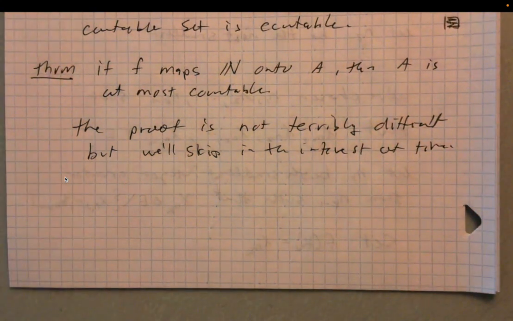But just keep this in mind, and I think this is somewhat intuitive. If you can find a mapping from the natural numbers onto your set, then your set can't be an uncountably infinite set. There's no way to take the natural numbers and map them onto an uncountably infinite set. It goes against the whole idea of a countable set, right? So your set is at most countable. It could be finite even. It is possible.